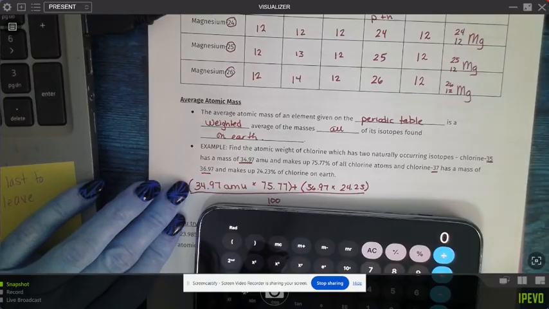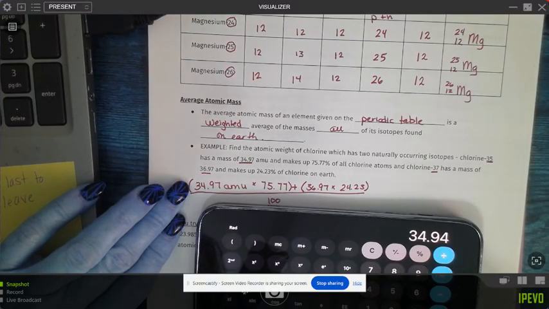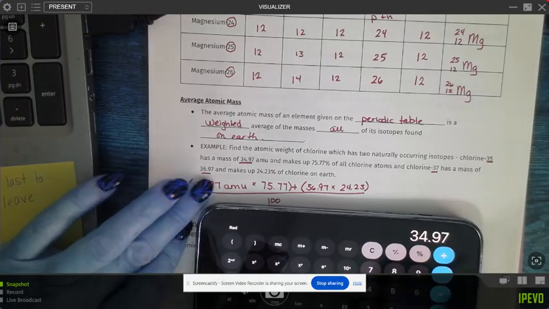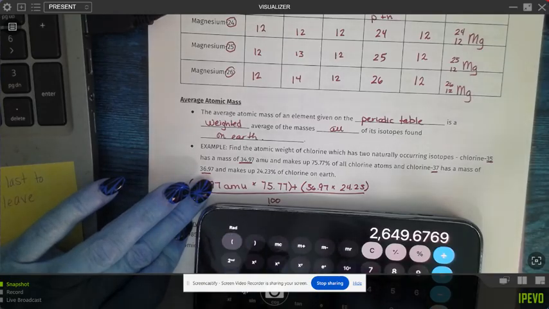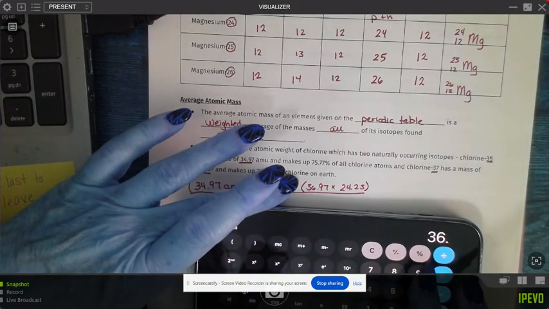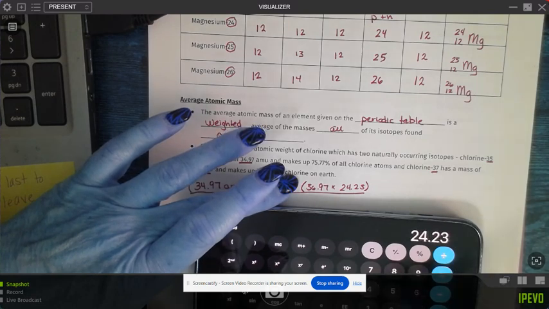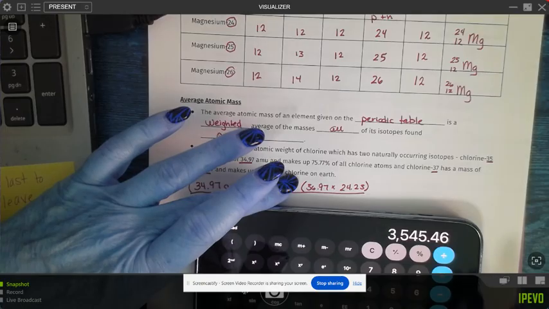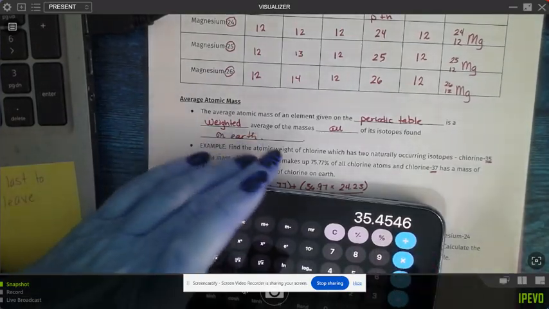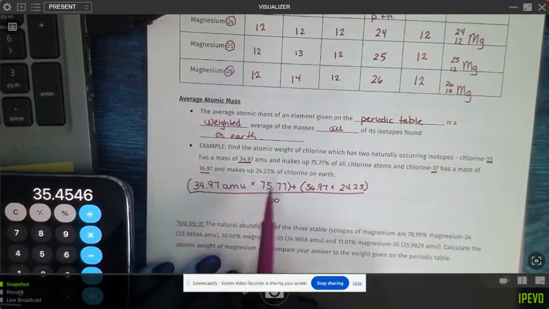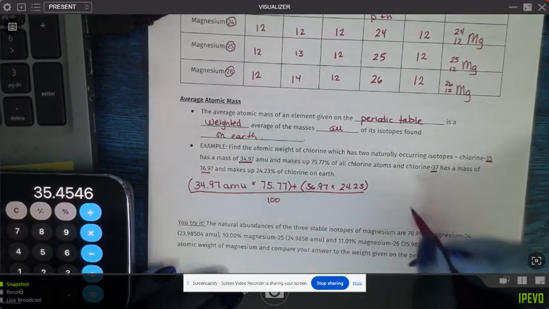So I would do 34.97 times 75.77, okay, plus 36.97 times 24.23. And then I'm going to divide that whole thing by 100. And I get, as an answer, 35.4546. Now, if we look, we have 4 sig figs in all of our numbers.